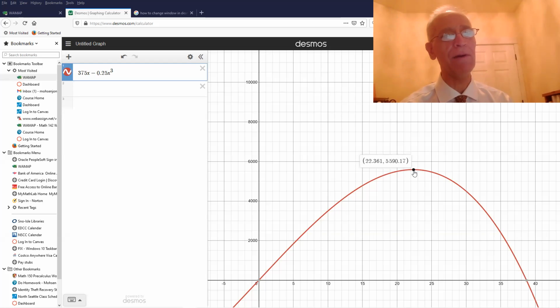So the value of x is 22.361 at the vertex. So once again, I'm going to stop share and engage my iPad.